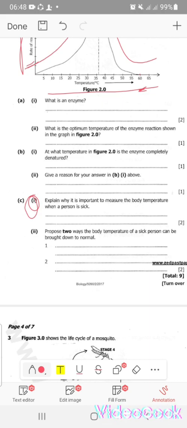Anything, as long as you have a cold bath, can reduce the body temperature. Apart from that, also taking cold fluids like cold water, cold juice, and many other things. That's how we can reduce the body temperature. But if you go in hospitals, they also give some injections, but just give those two.